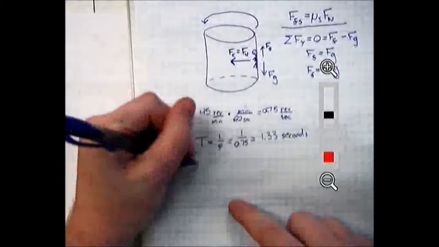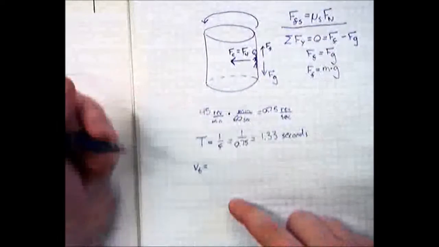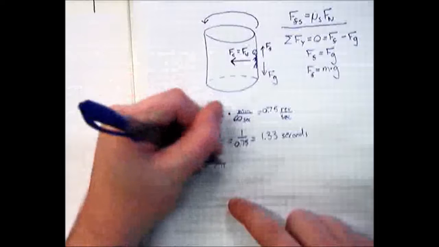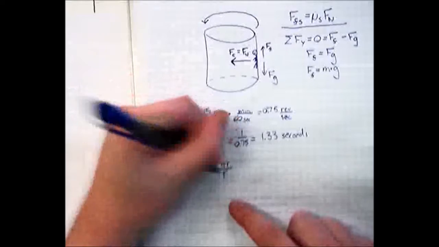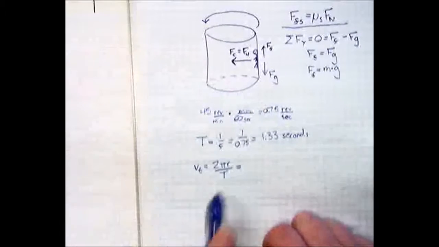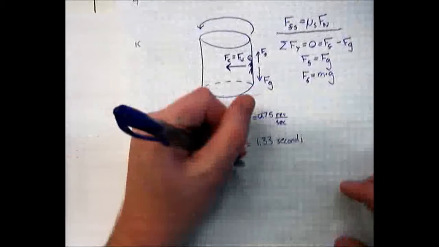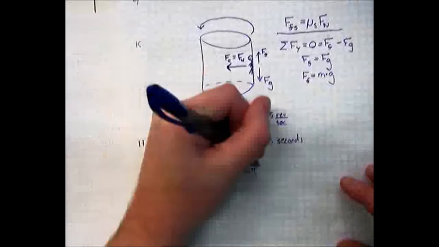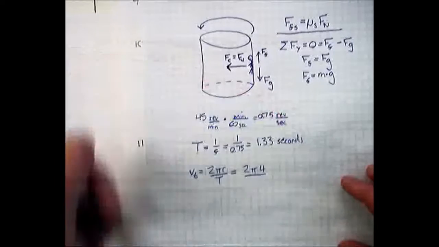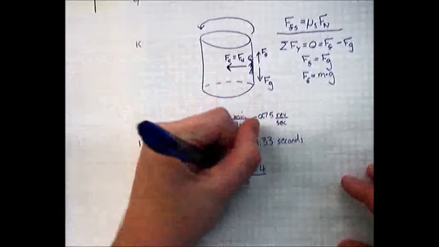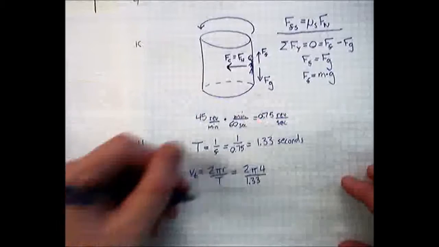Then that can be plugged into our equation for tangential speed. Vt is equal to 2 pi r over capital T. They did give us the radius for this problem. Right back at the beginning, they said their diameter was 8 meters, so that means that our radius has to be 4. So 2 times pi times 4 over 1.33.